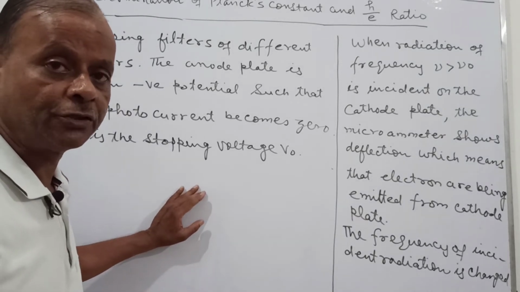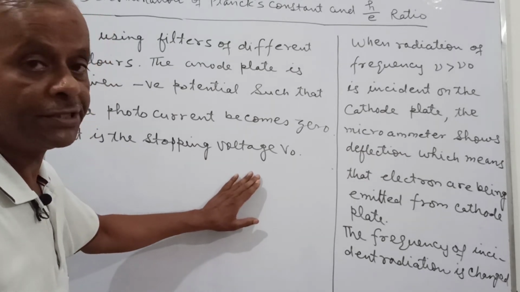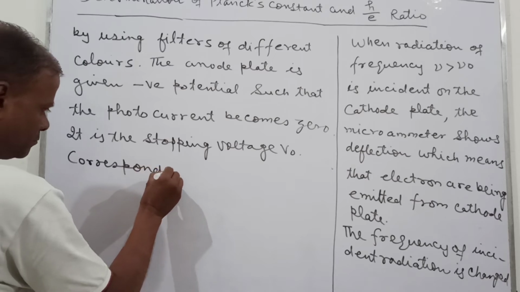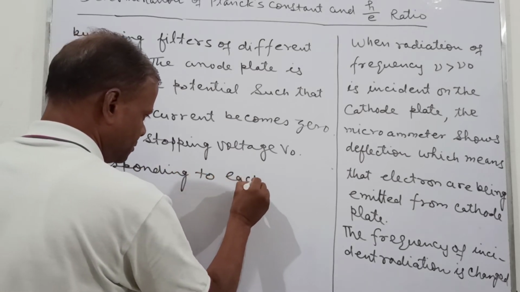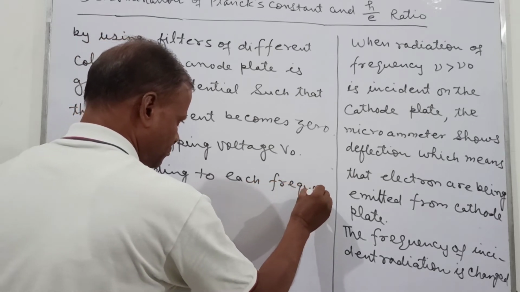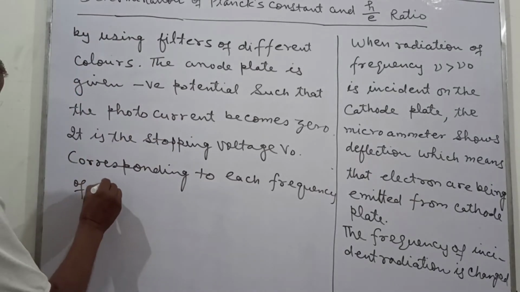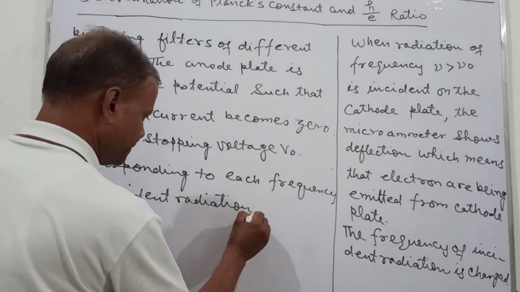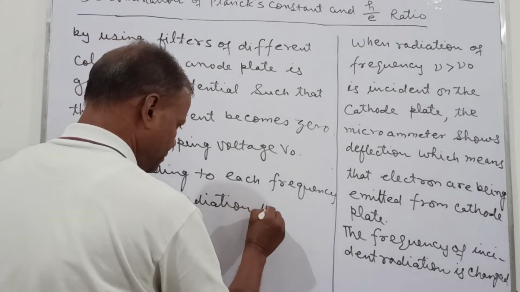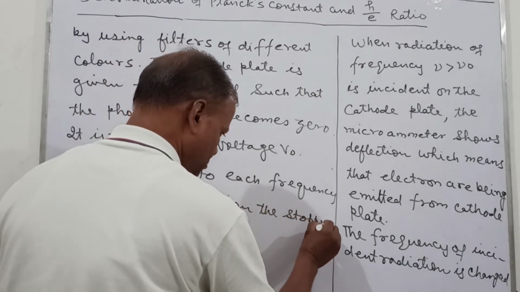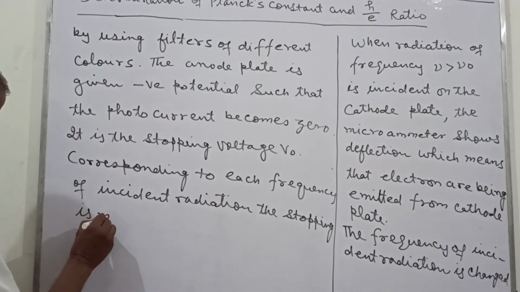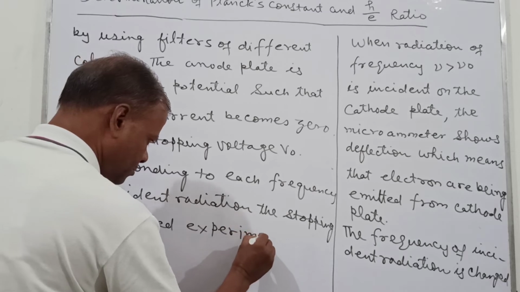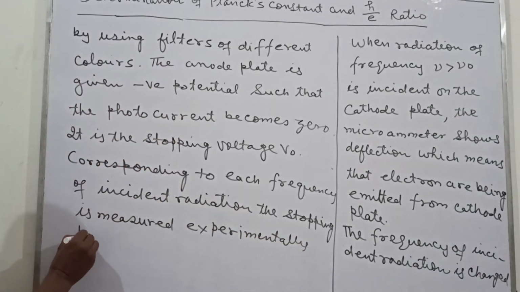Corresponding to each frequency of the incident radiation, the stopping voltage is measured experimentally by a voltmeter.